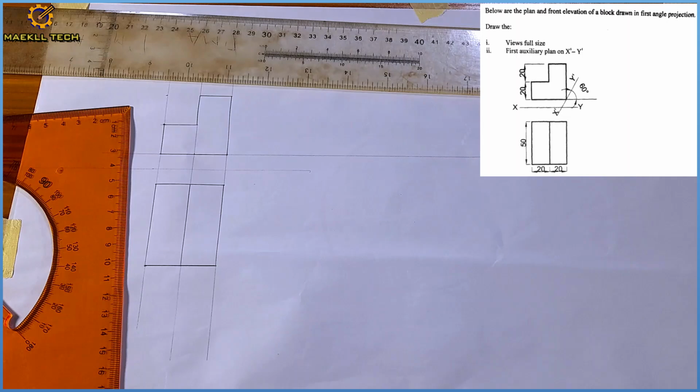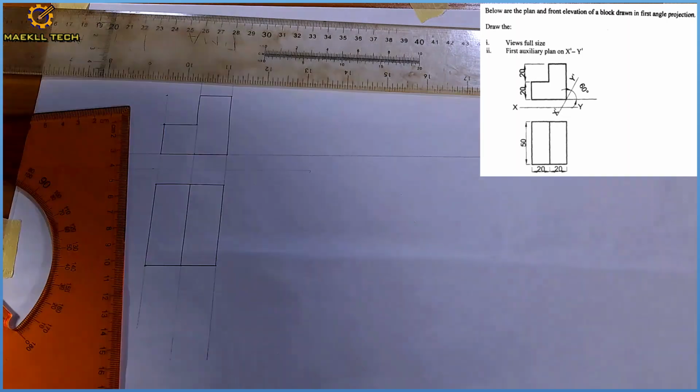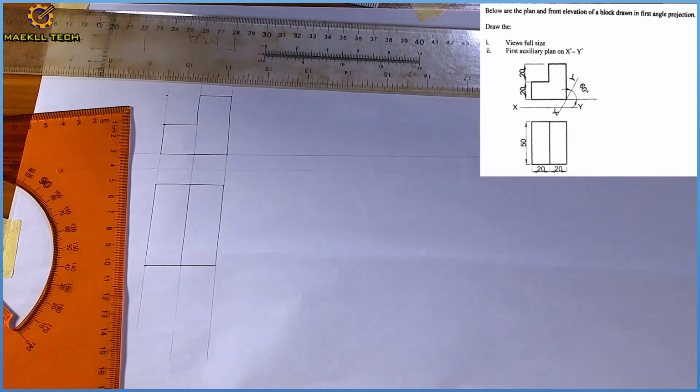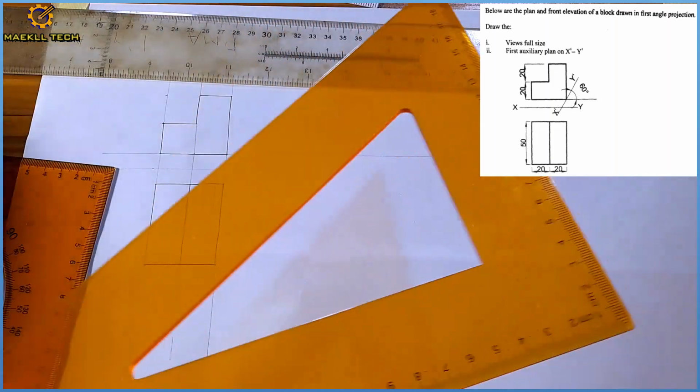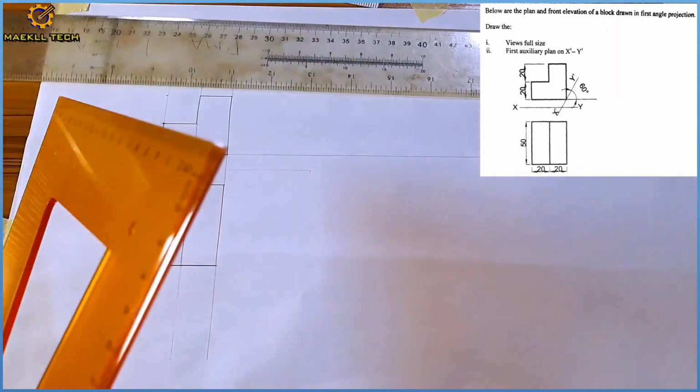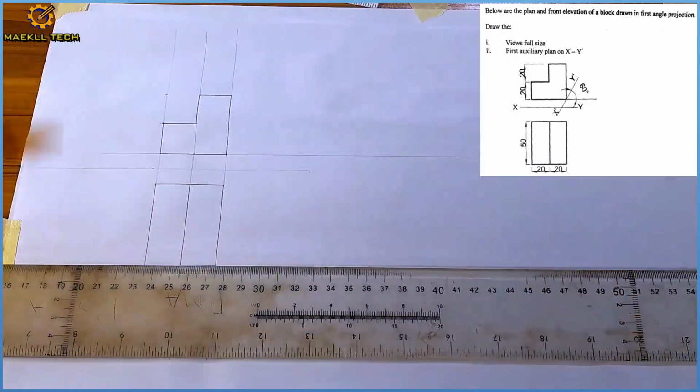Now we have to produce the auxiliary plan on x1 y1, and we are told that the angle it makes to the horizontal is 60 degrees.